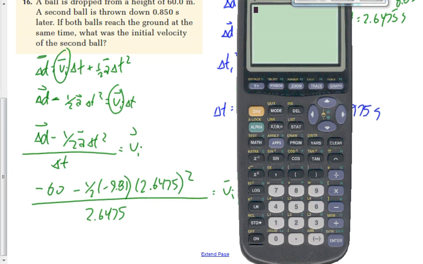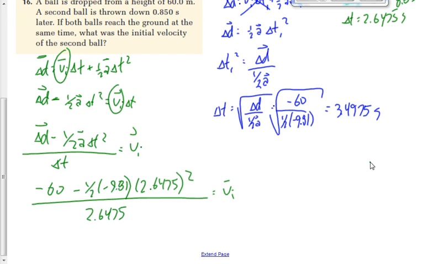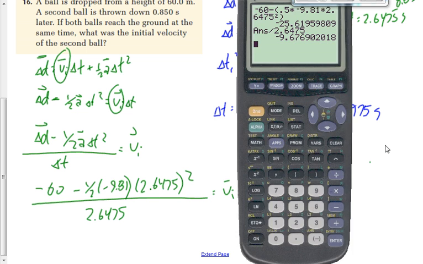Okay, let's say negative 60, subtract brackets 0.5 times negative 9.81 times 2.6475 squared. Okay, and the brackets. It's divided by 2.6475. And we're going to get an answer of negative 9.68.